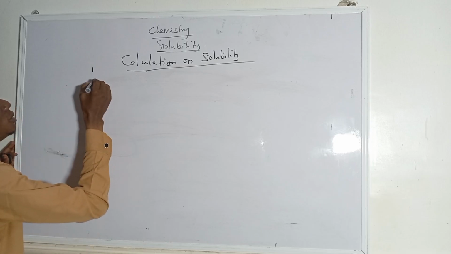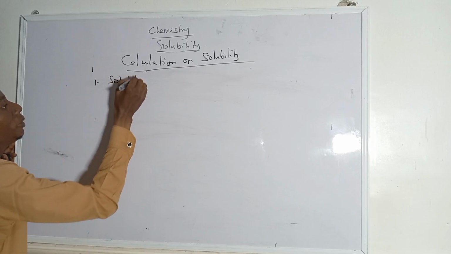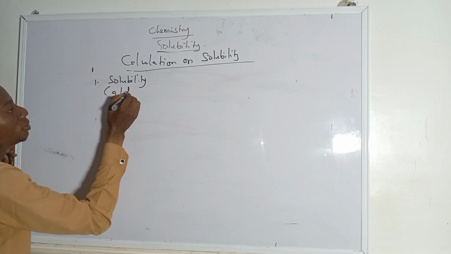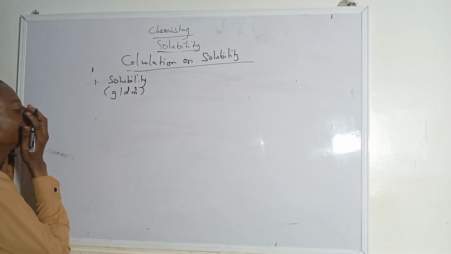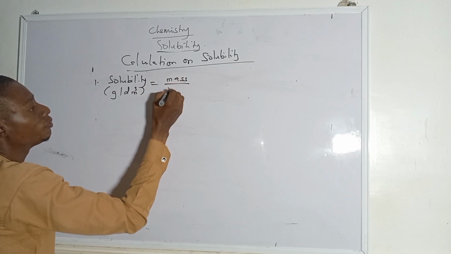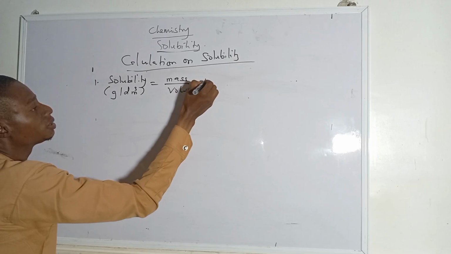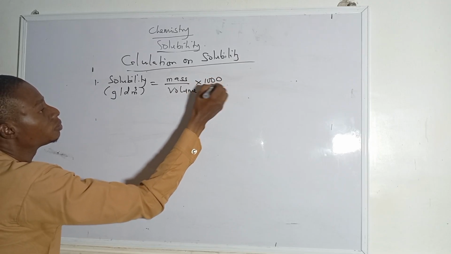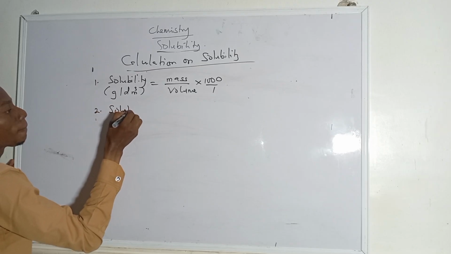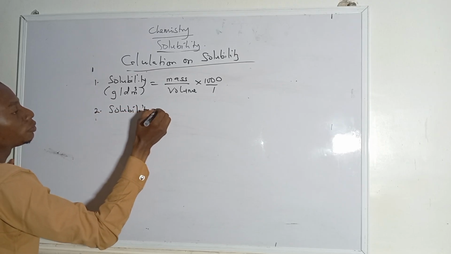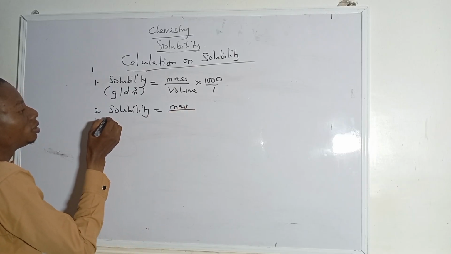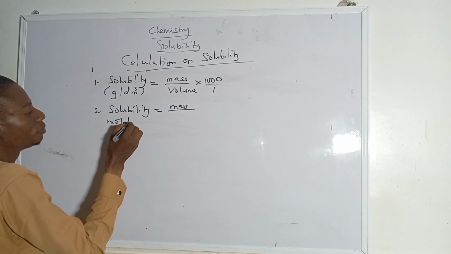The first formula: solubility, that is gram per dm cube, is equal to mass over volume times 1000. The second formula, solubility, is equal to mass. This second formula is for mole per dm cube.